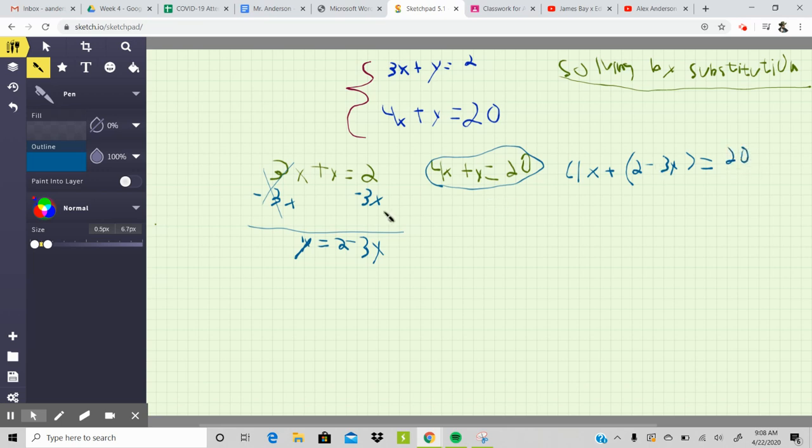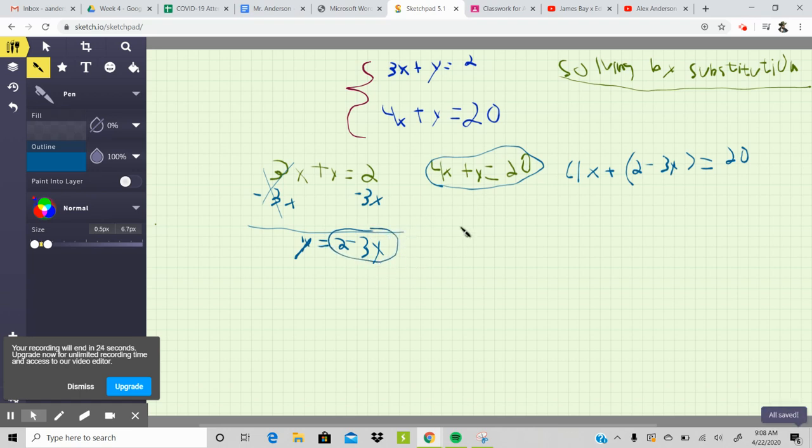Okay, all I did here was I took what y is equal to, 2 minus 3x, and I substituted it in for y, because I can do that because they're the same thing.